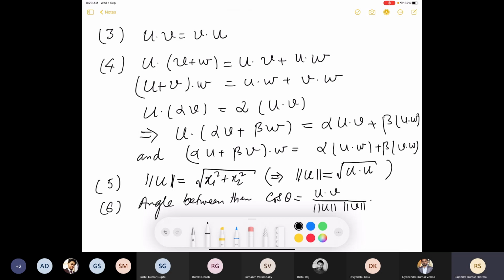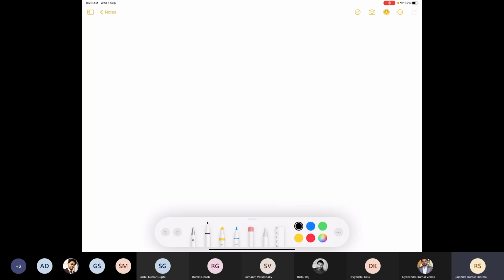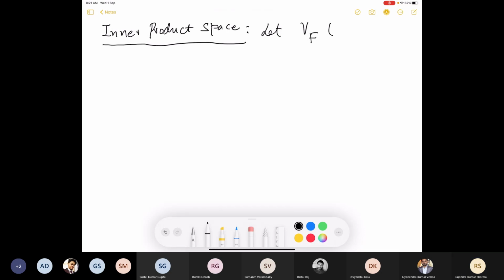Okay, so let us define the inner product properly. Inner product space. So let V over F be a vector space.